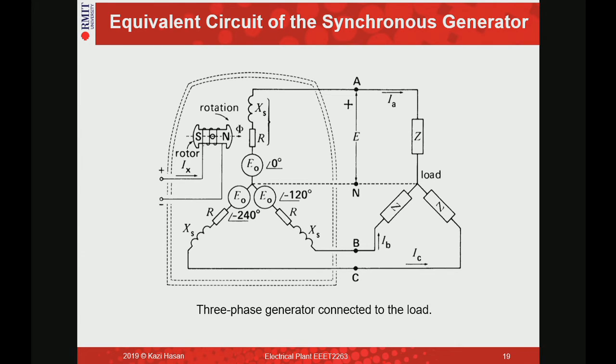Generally, we neglect resistance in synchronous machine representation. The reason is that it is very, very small, and that is a practical reason, because the conductor is chosen so that the resistance is negligible. And this reactance is an important characteristic of a synchronous machine, and this is called the synchronous reactance, XS.